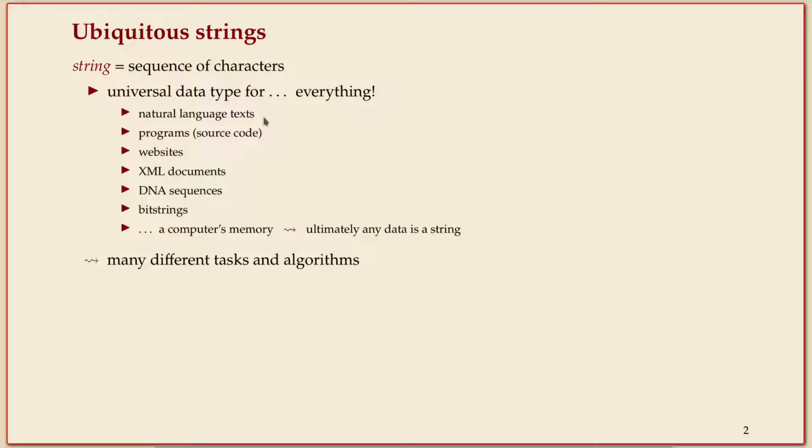Some examples of where strings arise: any kind of English text or other language text, source code and websites, and pretty much everything essentially is converted to a text because it is a very natural format for us and computers. Despite some exceptions, much of computers is one-dimensional in a way. We organize memory one-dimensional, and so it's quite natural to also do this for the data that we work with.